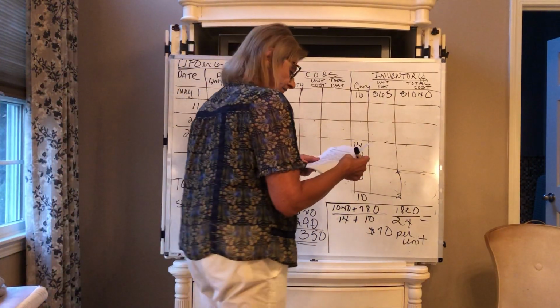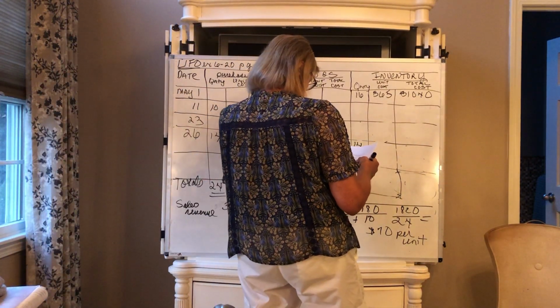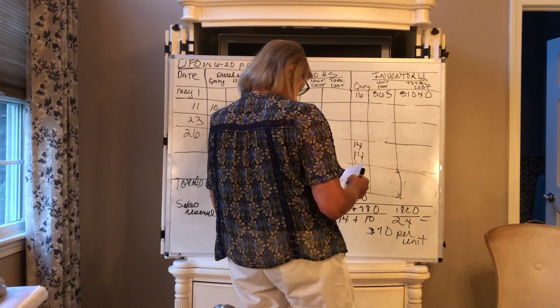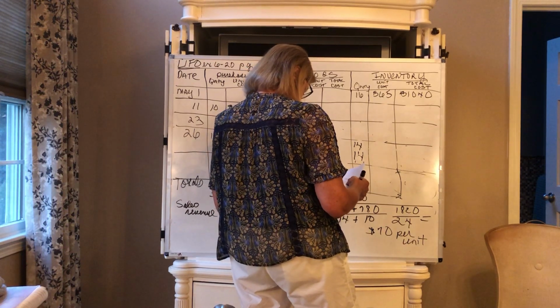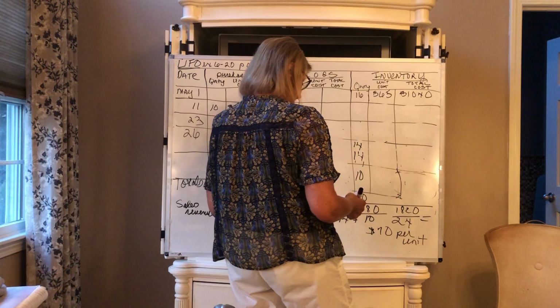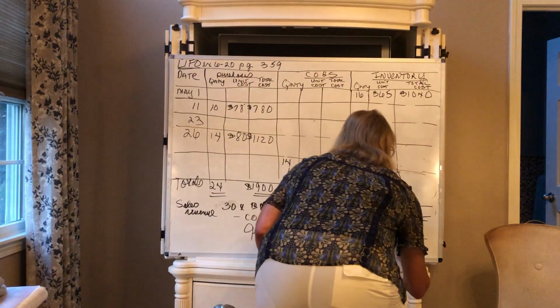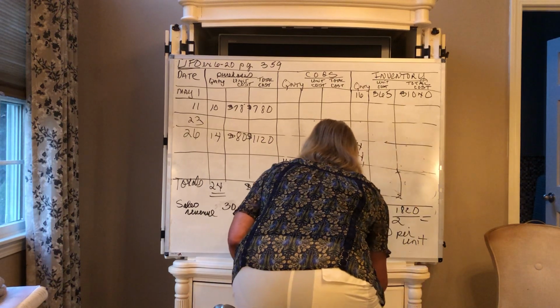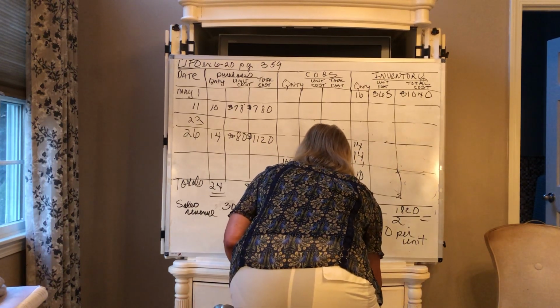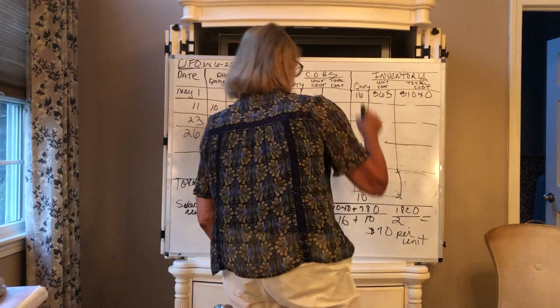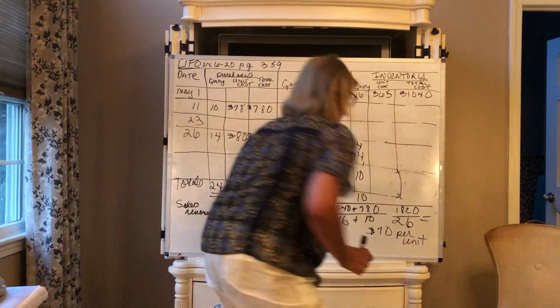So what do we have? We have, oh, it's supposed to be 26 units. Why do I have 24? I'm sorry, 16 and 10. I can't read. 16 and 10, 26.